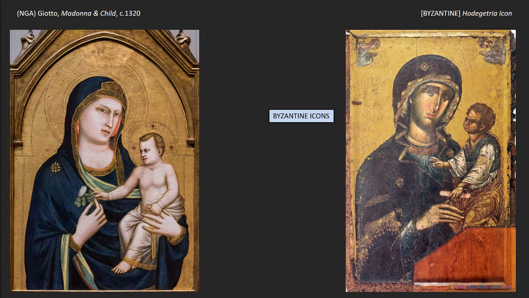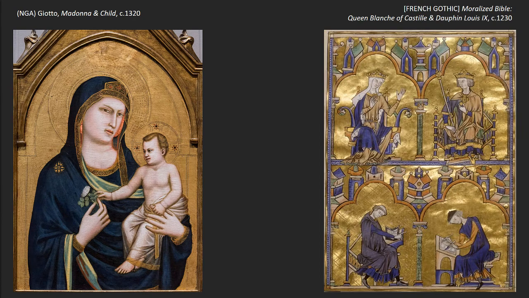The increased sense of three-dimensionality, the increased sense of realism, right? The attempt to make the two-dimensional surface look as if there are three-dimensional things there, right?